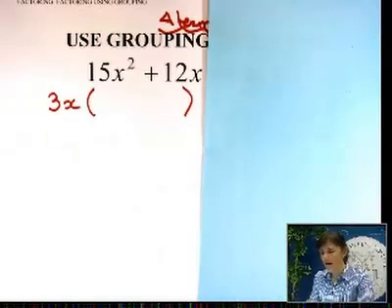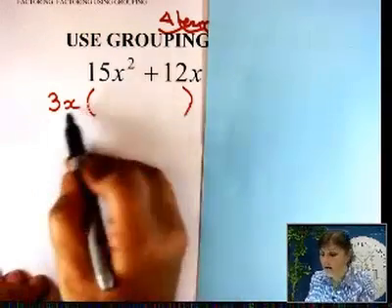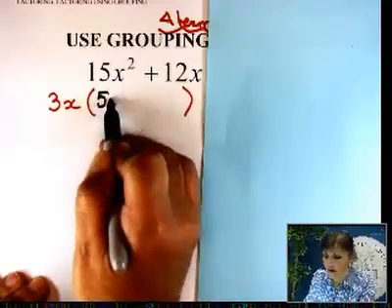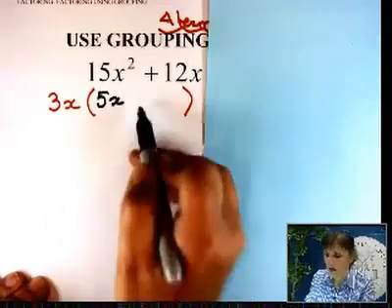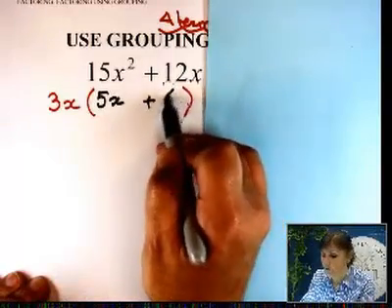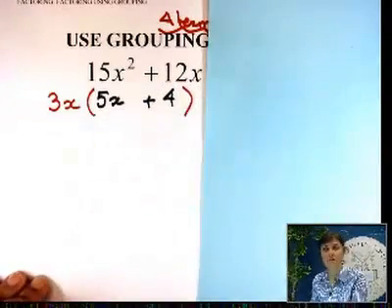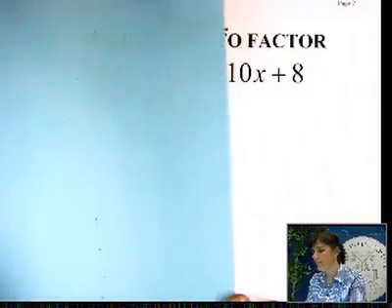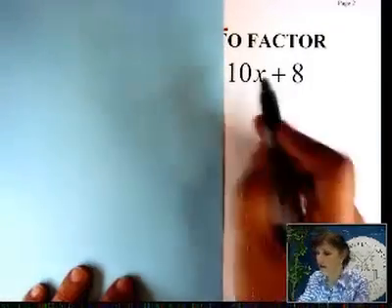Let's look at that. If I take the 3x out of 15x squared, I'm going to have a 5 left behind and an x behind. And if I take a 3x out of 12x, there will be a 4 left behind and no x. All right, good. So let's do this one. What do I have?